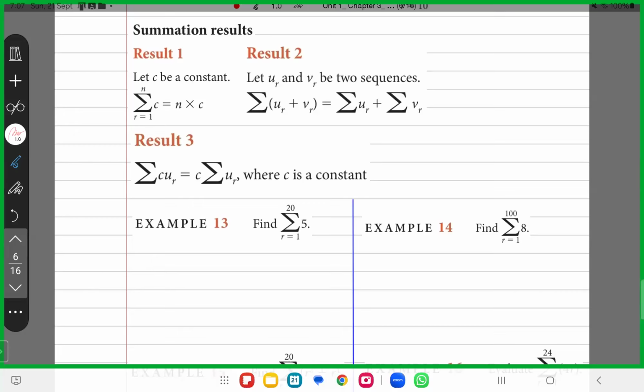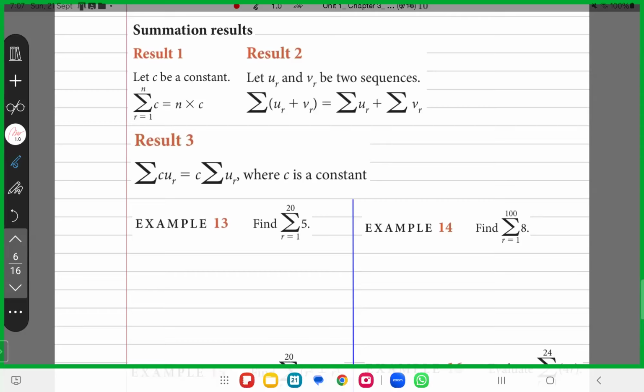VR is also another sequence. So in other words, you're summing two sequences in R. And what the result here is saying is that the series which is a sum of two individual sequences is equal to the sum of the two sequences. In other words, you're separating the two sequences. And again, you will get a chance to see that in action.